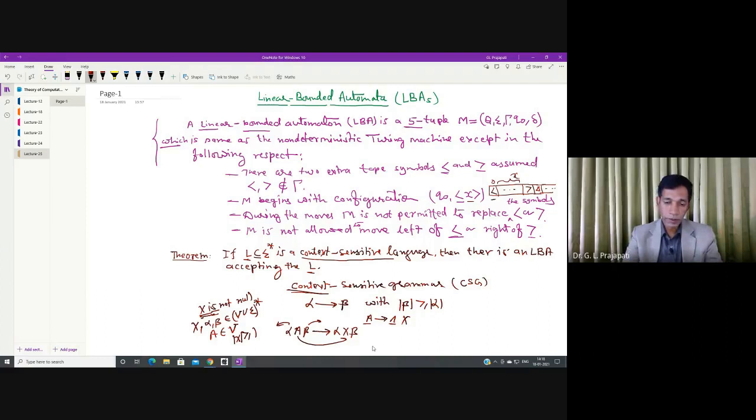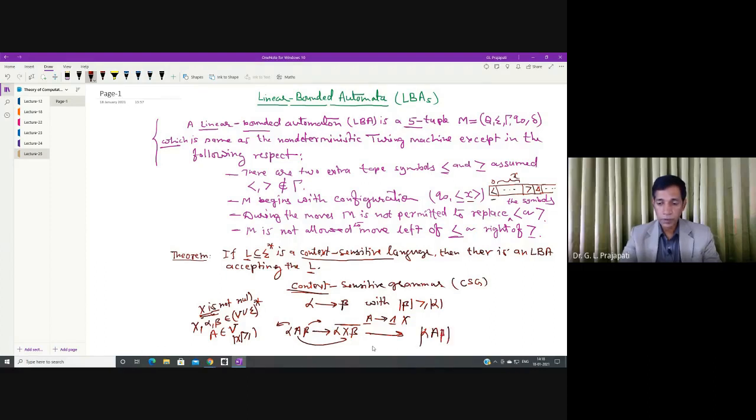This denotes that the length of the right hand side string is more than or equal to the length of the left hand side string. So this tells that, for alpha A beta, and you have alpha X beta, the length of alpha X beta is more than or equal to the length of alpha A beta.